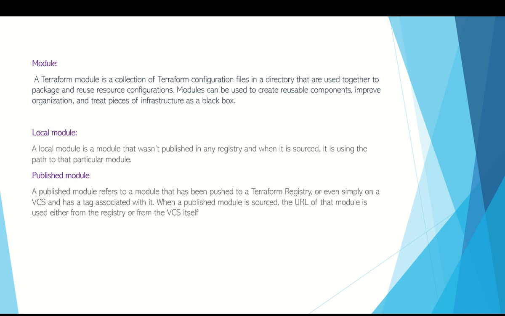Published modules are available on the Terraform registry. You need to go to the Terraform site and registry. It is nothing but someone who wrote code and published it on the registry of Terraform. You will see tons of modules available, and most of the time those are from trustable publishers.